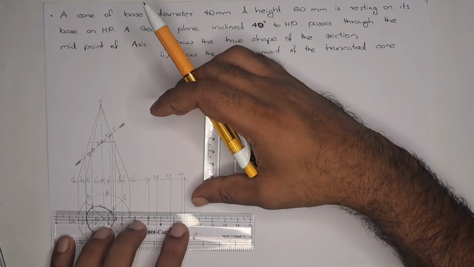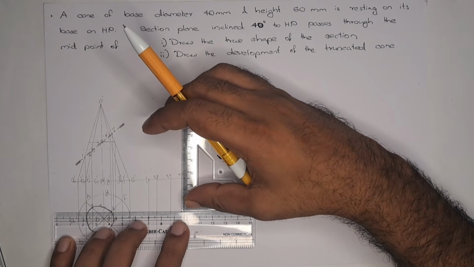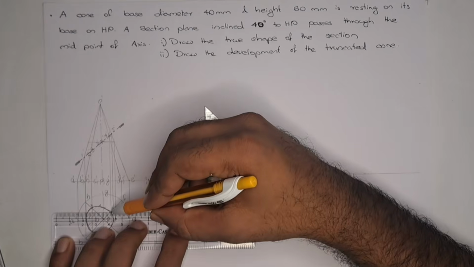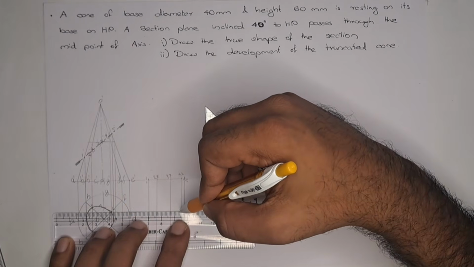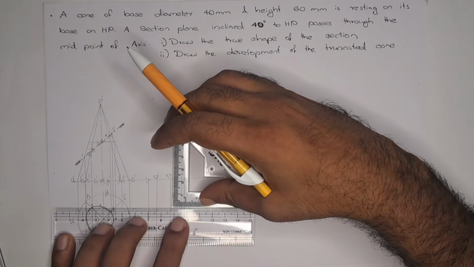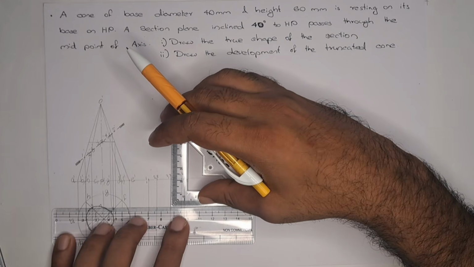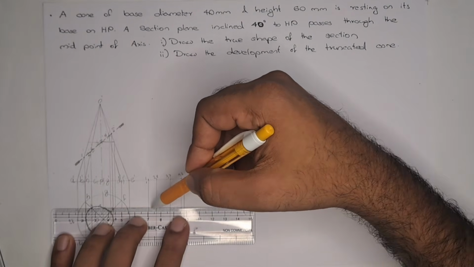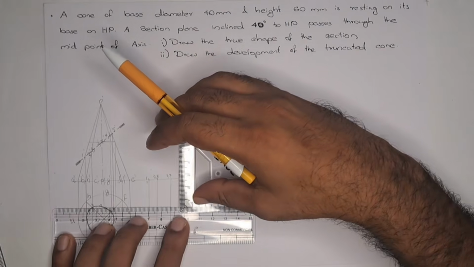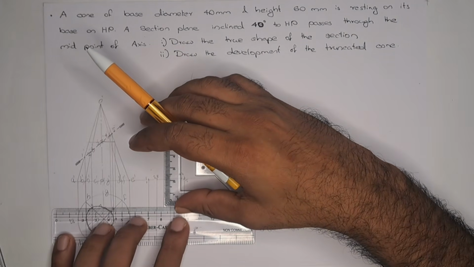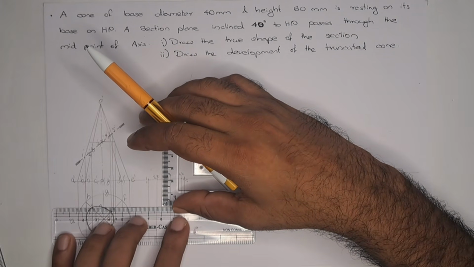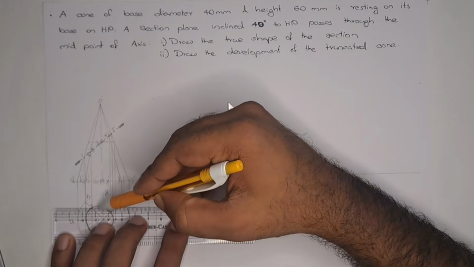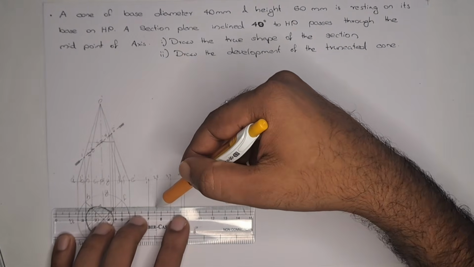Then we go for the 6, 6 over here, 7, 7 over here, and 8, 8 over here.